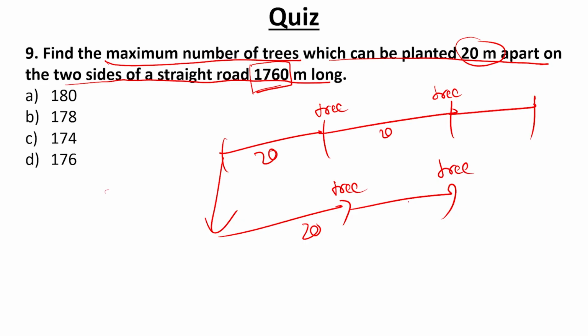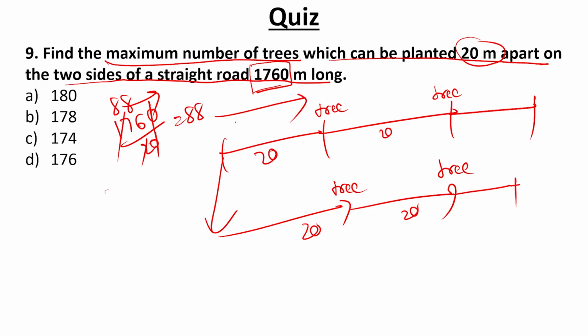All we need to do is take 1760 meters of road divided by 20, how many meters apart a tree is planted. Cancel the zero, and we get 88. So one side has 88 trees and the other side has 88 trees.